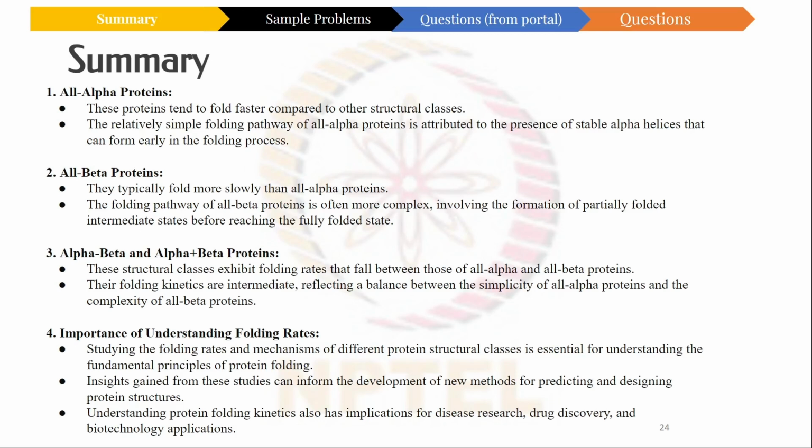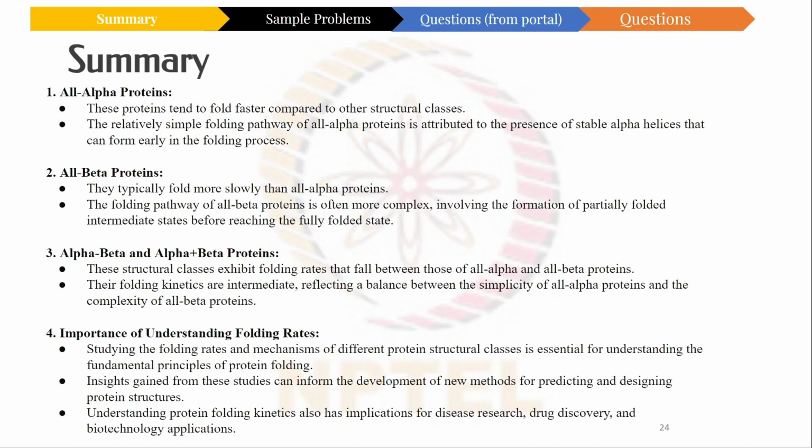So another concept that is studied in research is that protein folding rates can vary significantly among different protein structural classes. So here I have taken all alpha, all beta, and alpha and beta. The first is all alpha proteins, which are characterized by a predominant secondary structure consisting of alpha helices.